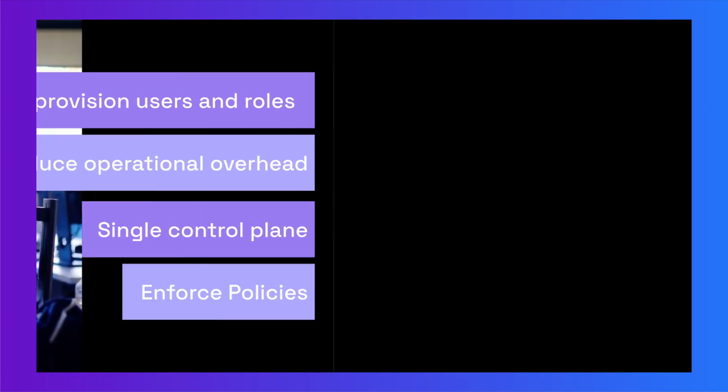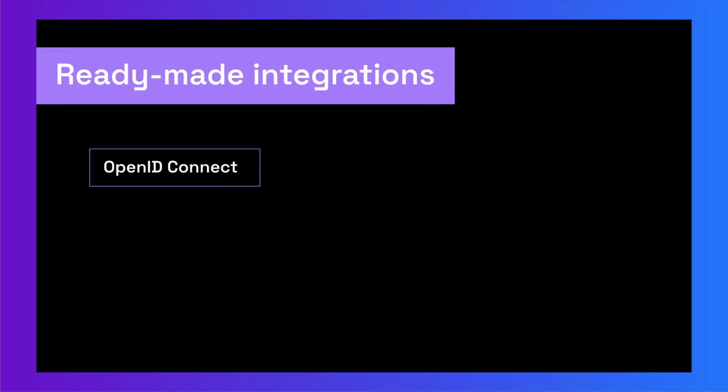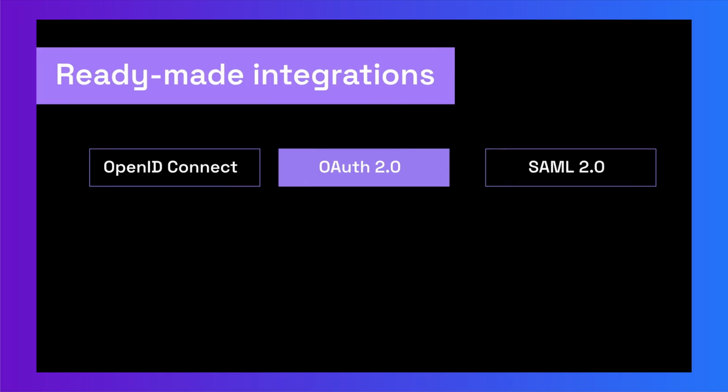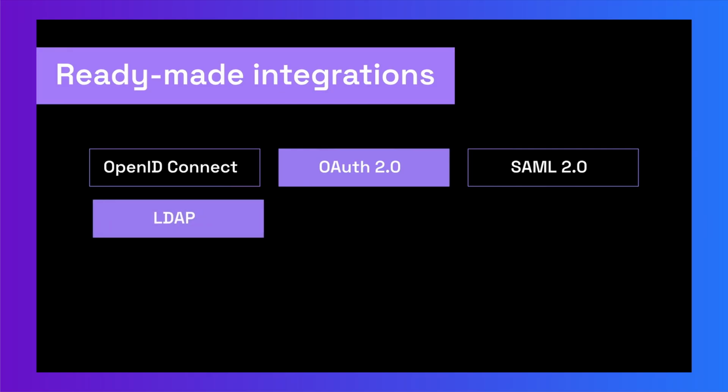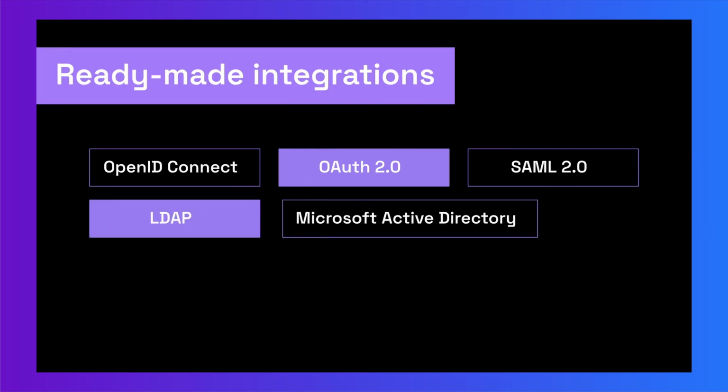The platform includes ready-made integrations for common enterprise identity systems and supports standards such as OpenID Connect, OAuth, and SAML. It connects to directories like LDAP or Microsoft Active Directory through user federation, keeping users, groups, and attributes synced with existing directory services.